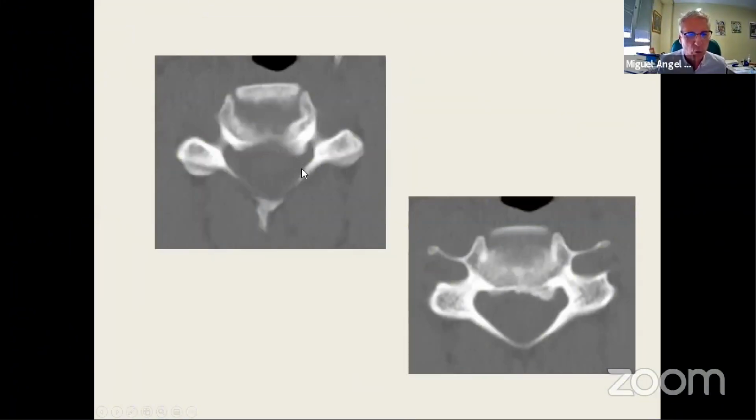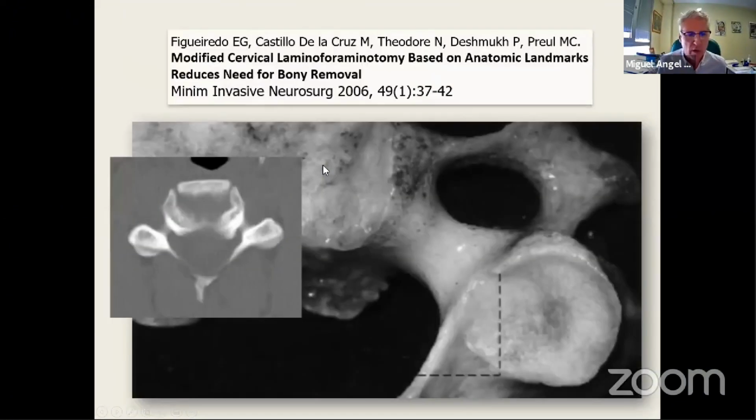It's very important to look at the anatomy, in this case by means of the CT scan, also MRI, I mean the anatomy of the foramen.